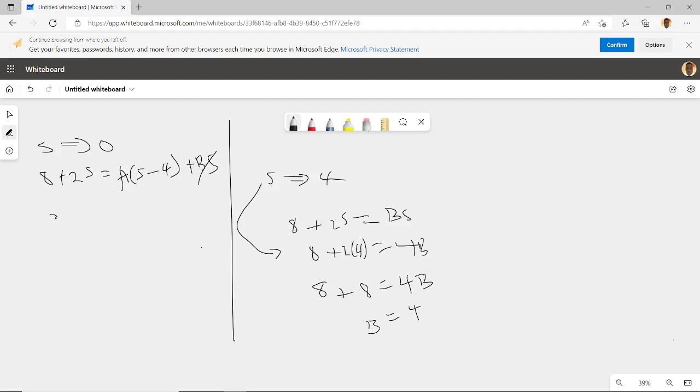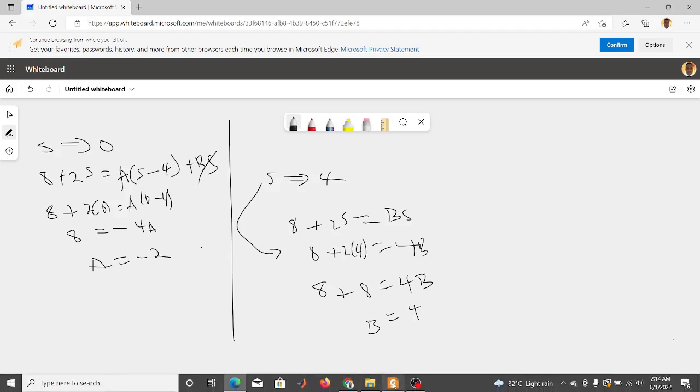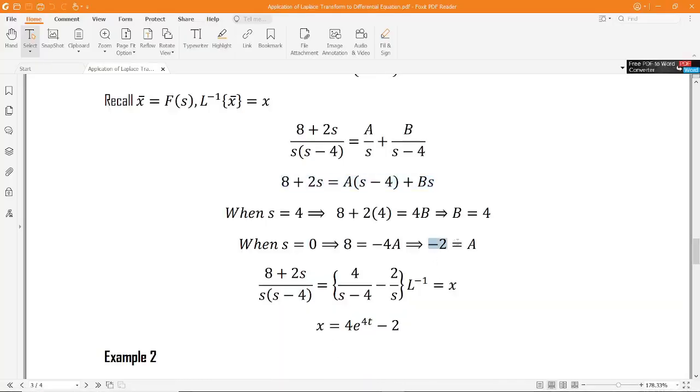So we are left with 8 plus 2 into 0 and a into (0 minus 4). So here we'll be left with 8 equals minus 4a. So minus 4a now, so a will be equal to minus 2. That will be the value for a. We'll check here now. So that's why we have a as minus 2 here.